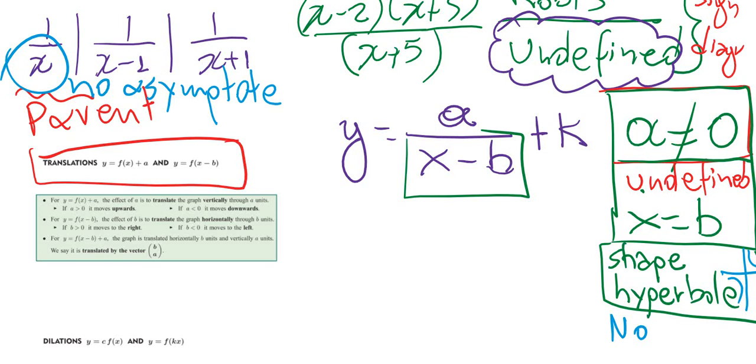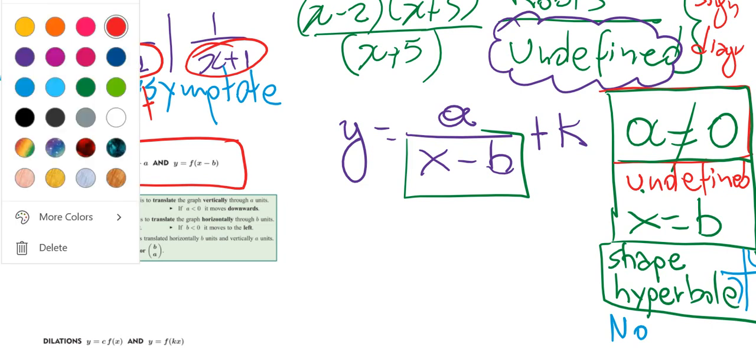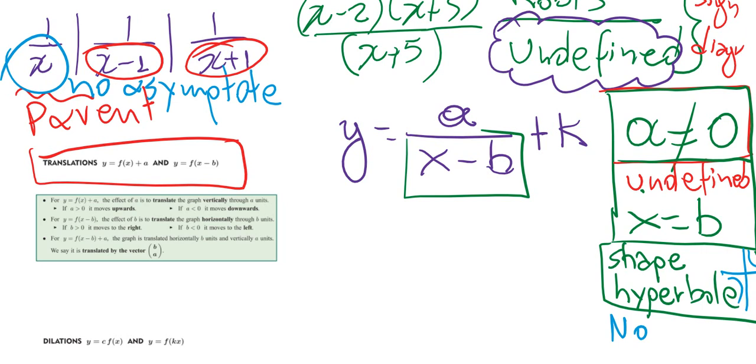However, in this case, when I have a denominator with some kind of translation, I have asymptotes, and it's very important for you to identify the asymptotes.